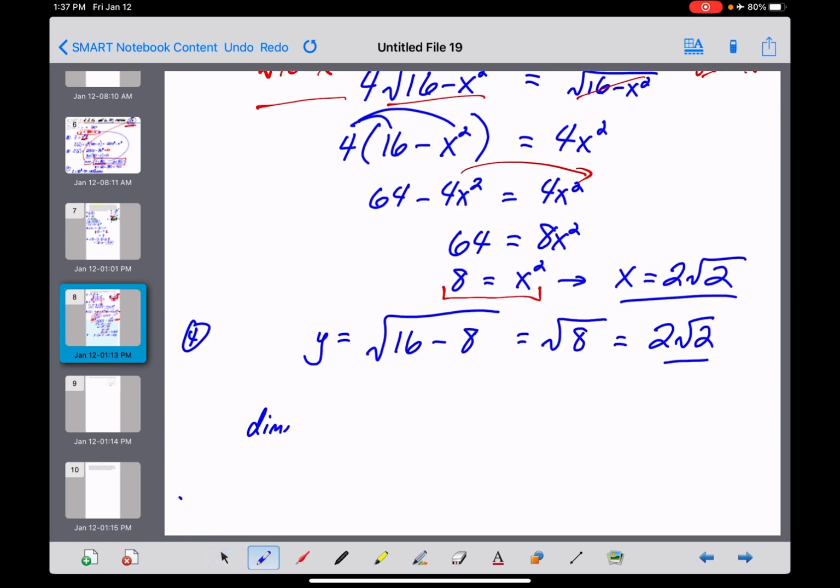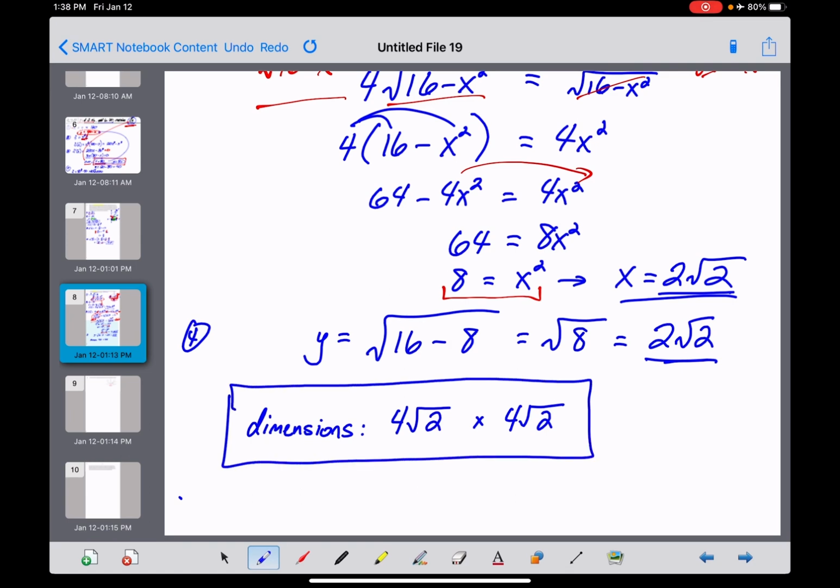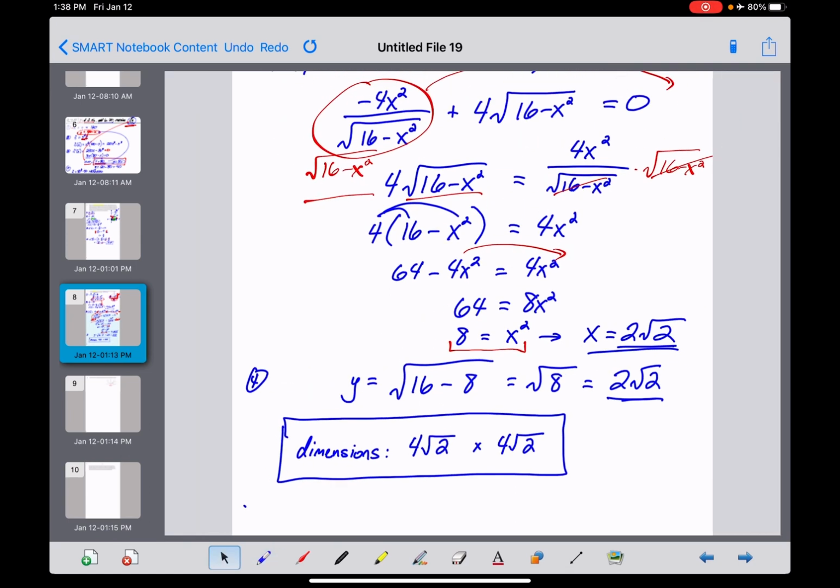So the dimensions of that rectangle right there are going to be 2 times 2 root 2. So that's 4 root 2 for your base, and that gets then taken by, again, y doubled is going to be 4 root 2 for the height as well. So that would be the actual answer to this question, given the way that they worded it.